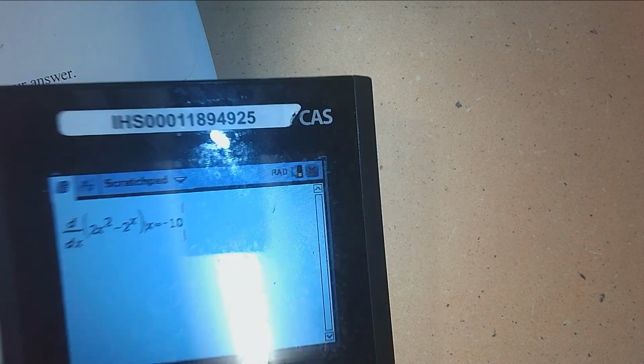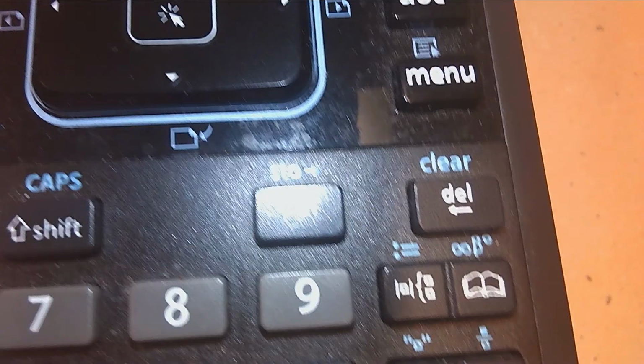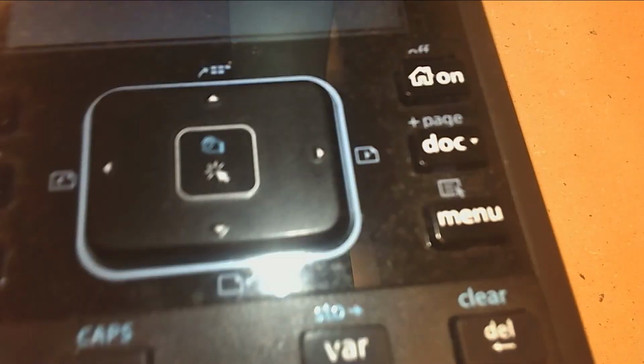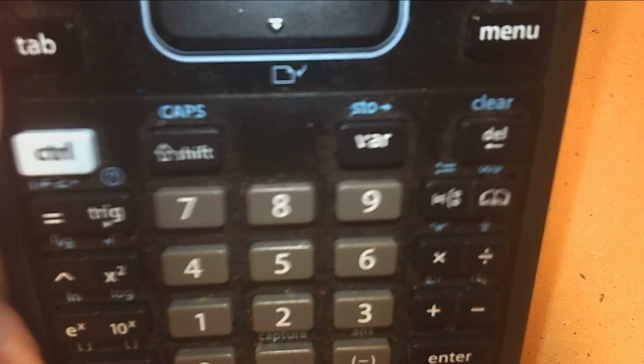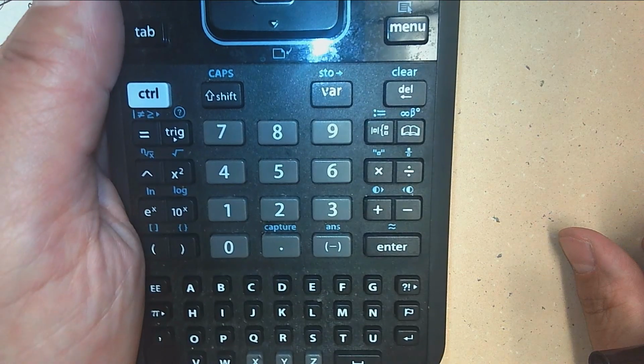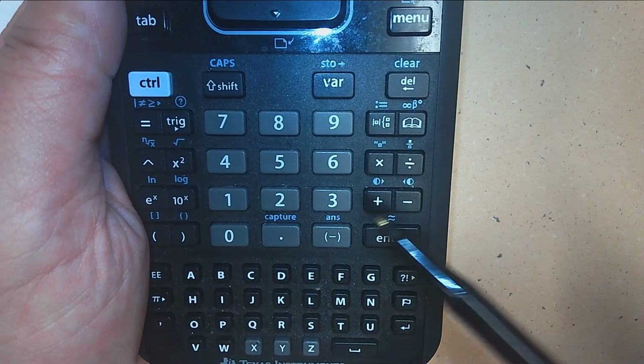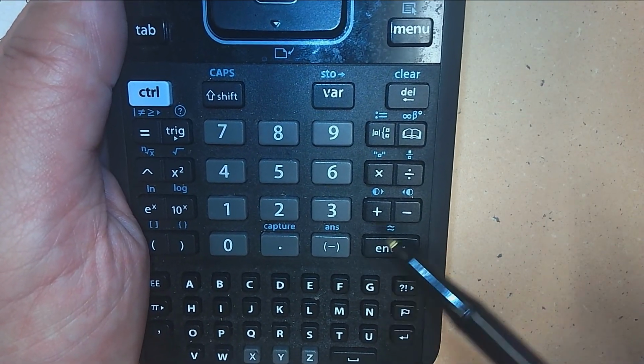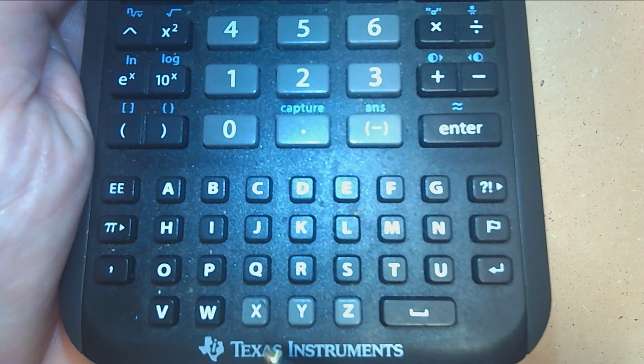And make sure you use the negative that's underneath the number 3, and not the subtract sign. Remember, the whole alphabet is here below, and I just pressed X from the alphabet. All right, that's it. Press enter.